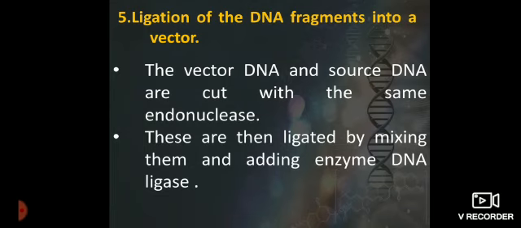Before that, the vector DNA and the source DNA from which we will get our gene of interest, GOI, are cut with the same endonuclease so that we get the sticky ends which can join each other. These are then ligated or joined by mixing them and adding the enzyme DNA ligase. DNA ligase is the enzyme which helps in joining the sticky ends.